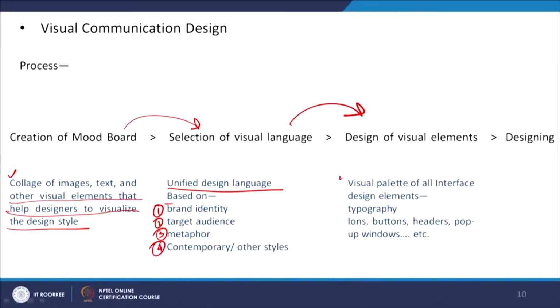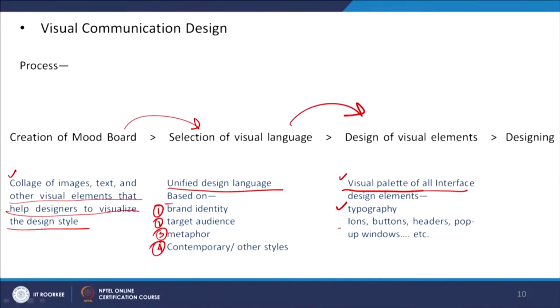So it will be a visual palette with all the visual elements, the interface design elements, which will be the selection of a particular typography within the website or mobile application. The typeface will not differ.